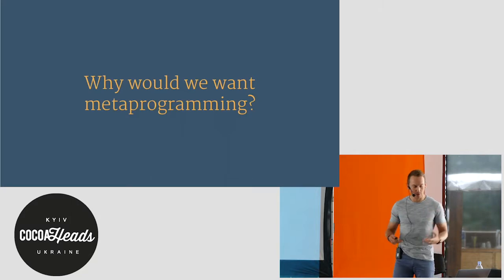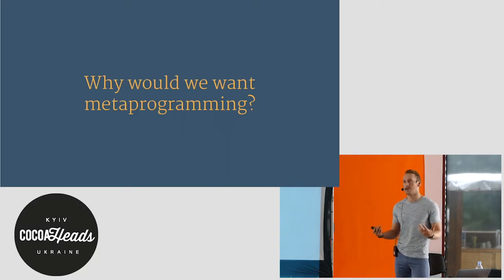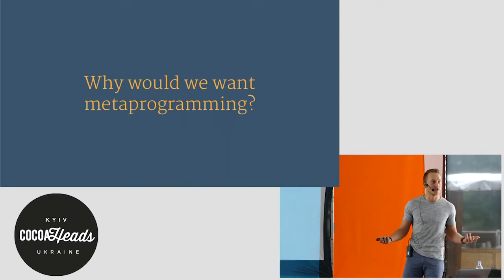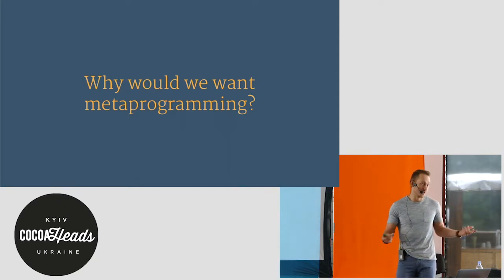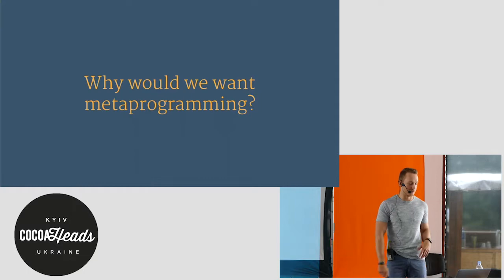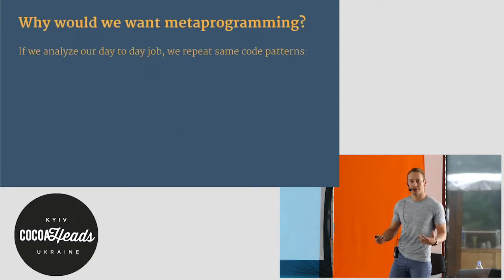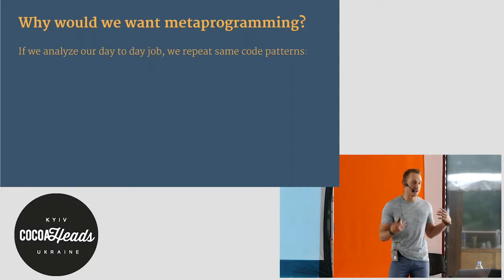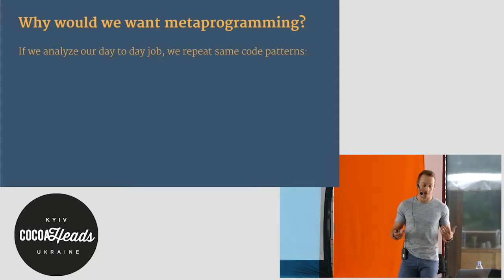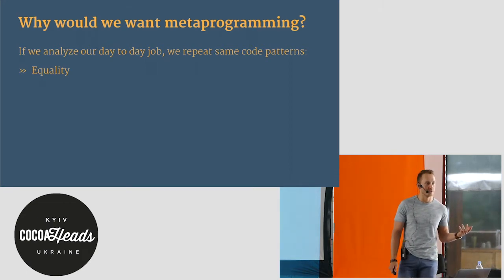So why would we want metaprogramming in the first place? What are the reasons to have metaprogramming in Swift, which is a strongly typed language, right? For some reason, Apple didn't do it, so there has to be good reasoning for actually adding it on top of the language. If we look at how we work every day, the kind of tasks that we do for mobile applications are usually pretty simple tasks, like we need to create new model objects for our applications.